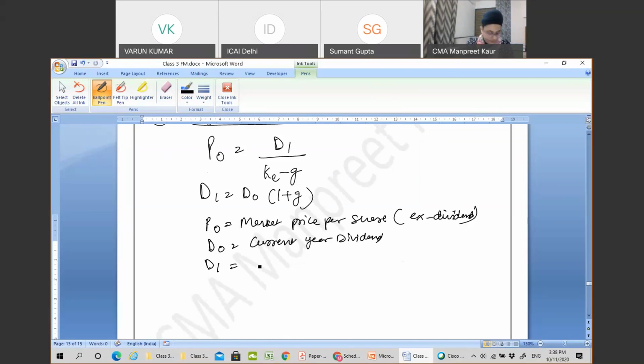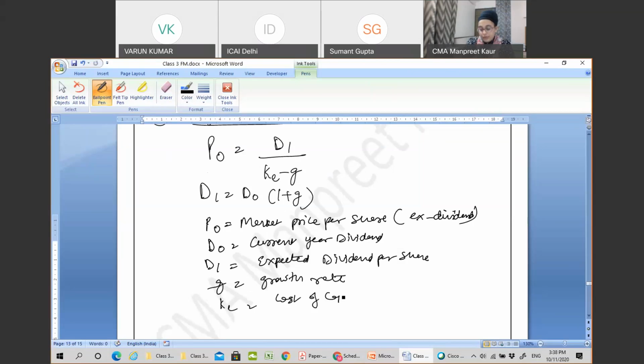D1 is the expected dividend, and g is the growth rate. K is the cost of capital.